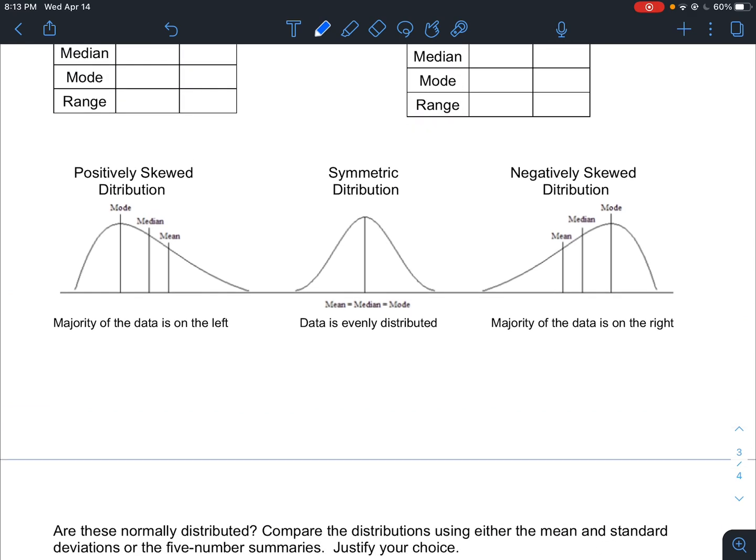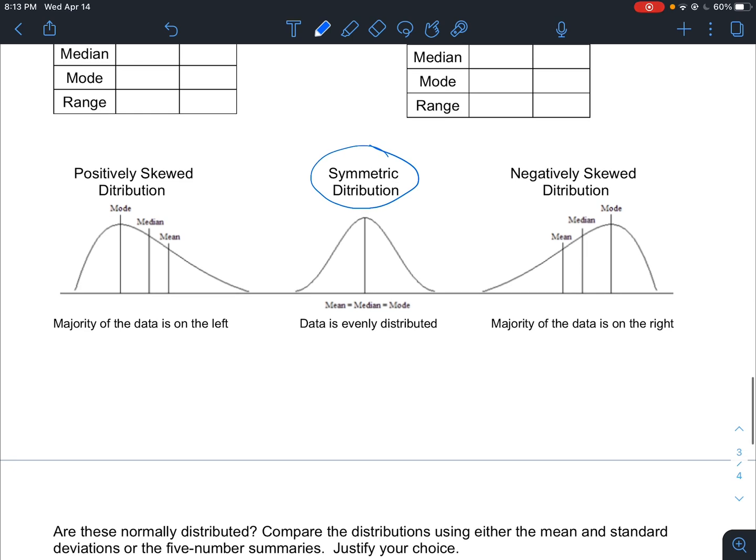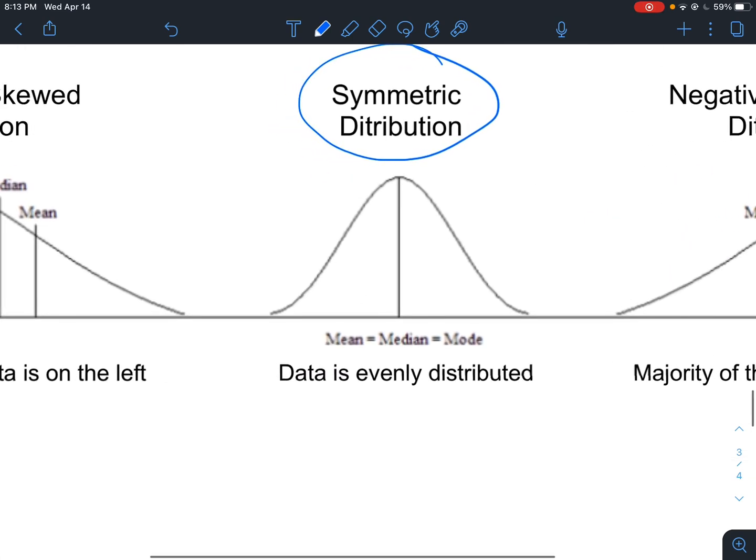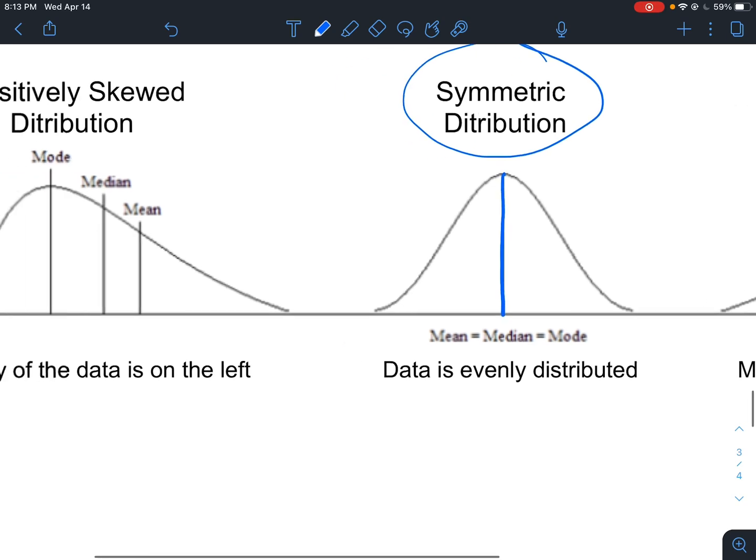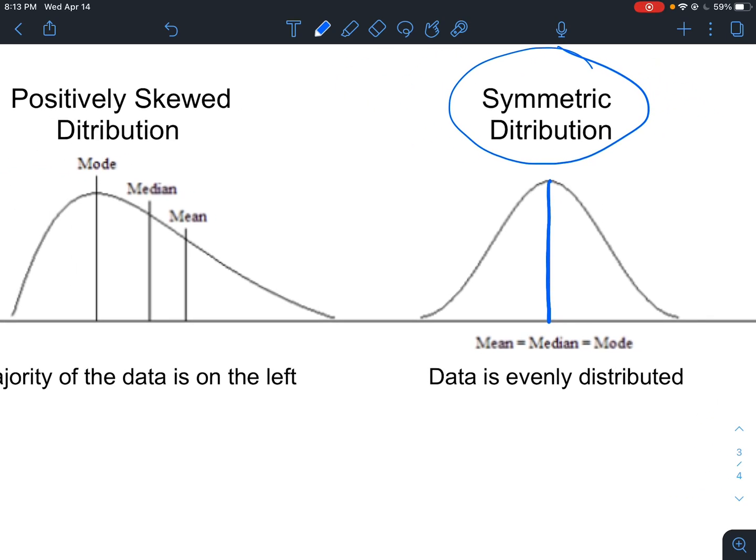So right here in a symmetric distribution, this line represents the average. In a symmetric distribution, the mean, the median, and the mode are all the same. They happen in the same location because the mean, median, and mode are meant to describe where the middle of your data is.